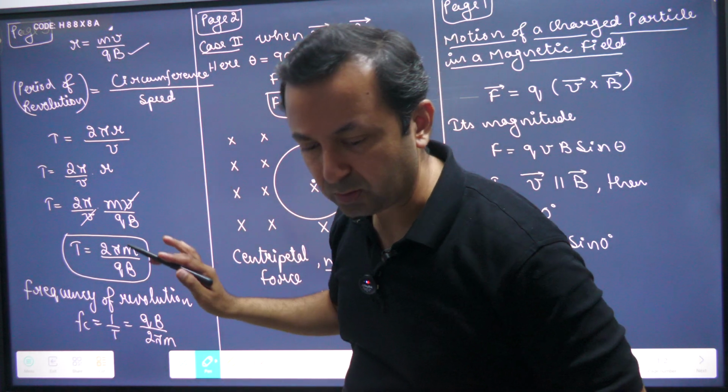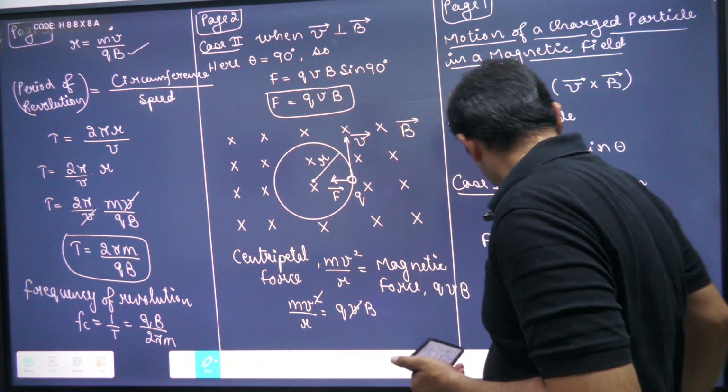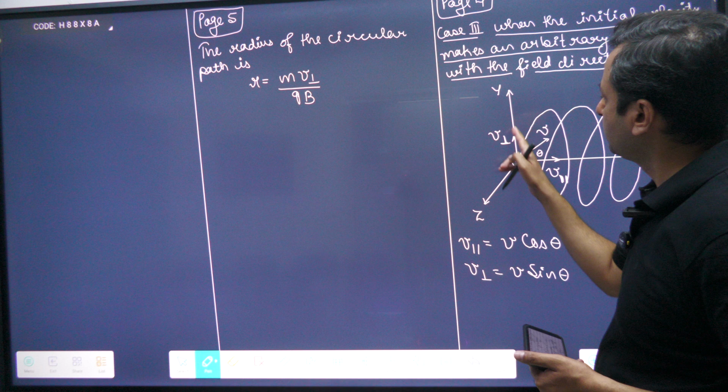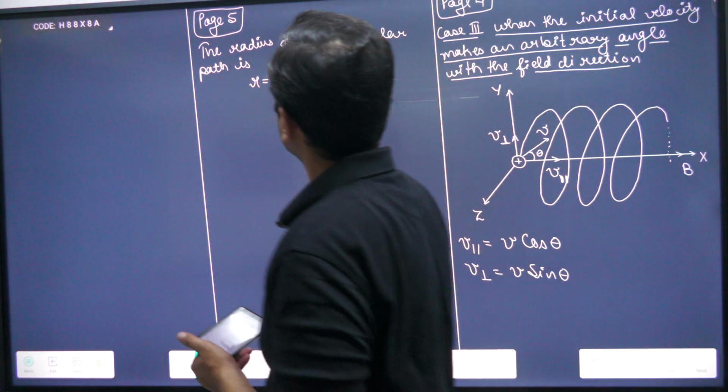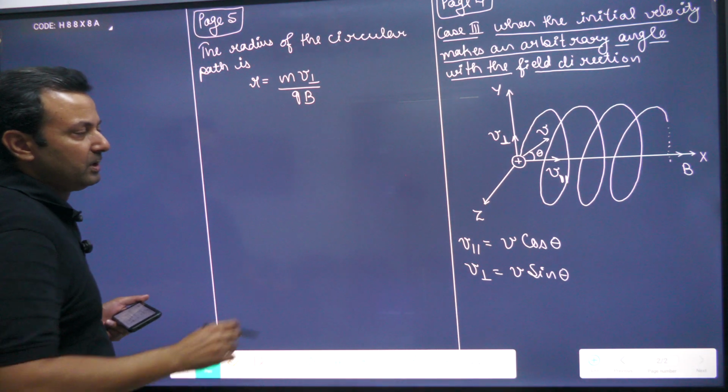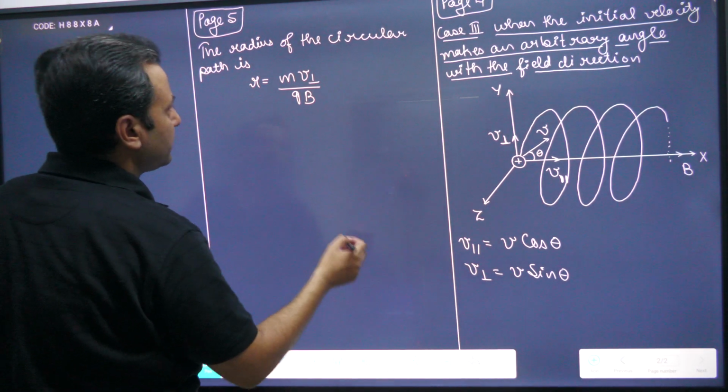But here there are two different components. So because of V perpendicular, I will write not mv upon qB, I will write m v perpendicular upon qB. Now what is V perpendicular? V perpendicular is V sin theta.